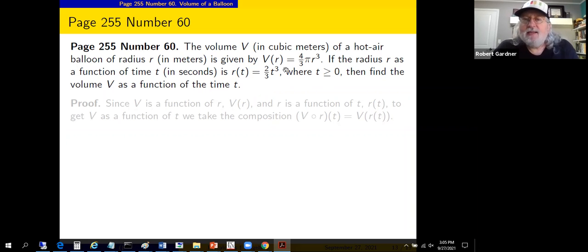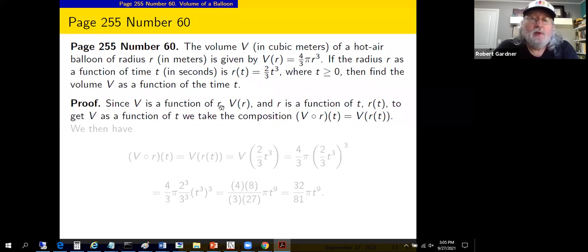Okay. It's a composition of functions for the following reasons. We've got volume as a function of r, and we've got r as a function of time, and we want volume as a function of time. So we want to eliminate r and express volume not in terms of r, but in terms of time. It's a composition.